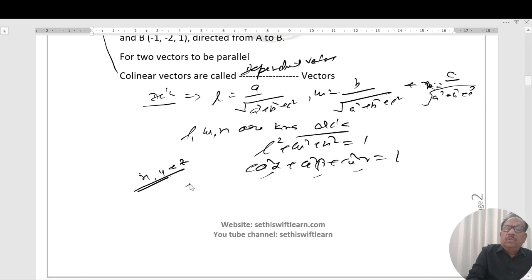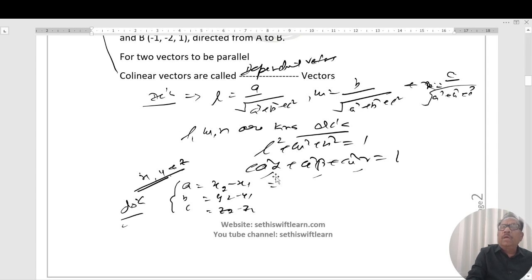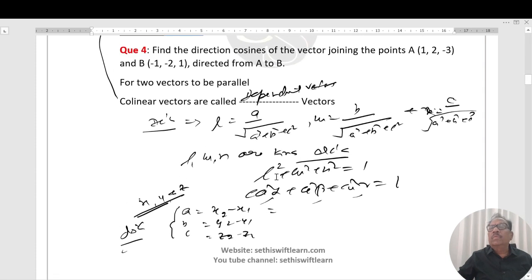And a, b, c are direction ratios. a is equal to x2 minus x1, b equal to y2 minus y1, c equal to z2 minus z1. What will x2 minus x1 be? -1 minus 1, -2; -2 minus 2, -4; 1 plus 3, 4.